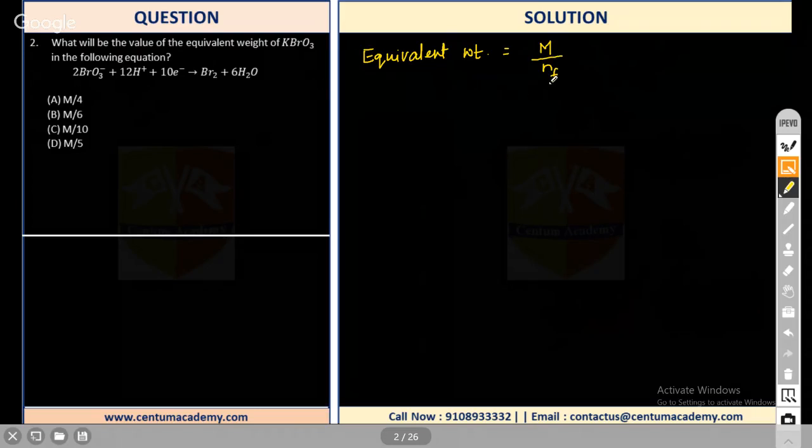So n factor in a redox reaction in this case will be the number of electrons exchanged per molecule. Per molecule.